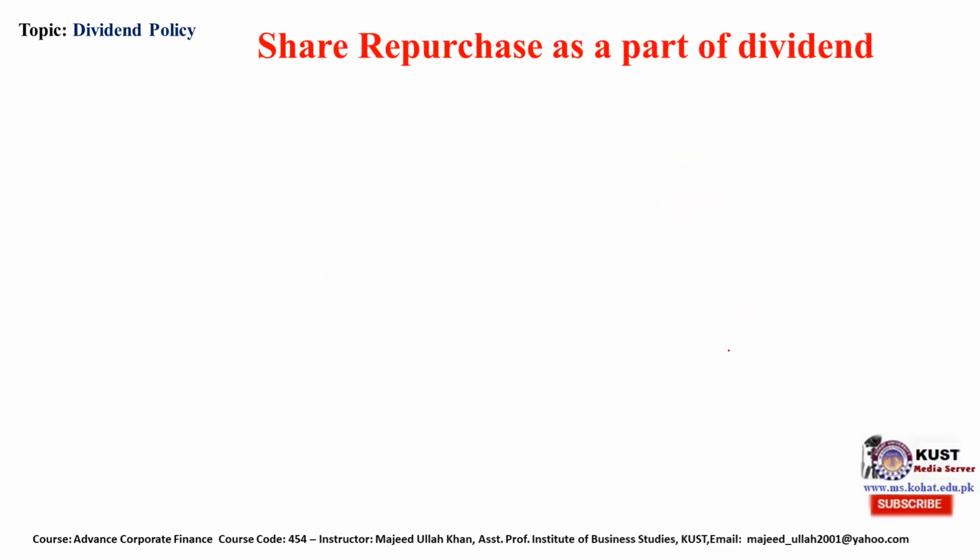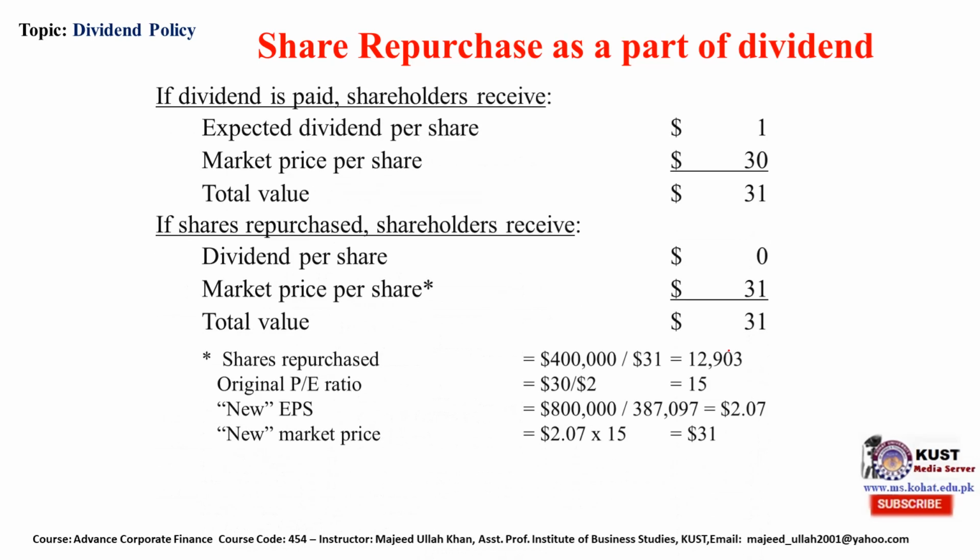What will the company do? Expected dividend per share is 1, market price per share is 30, total value for the shareholder on one share is 31.